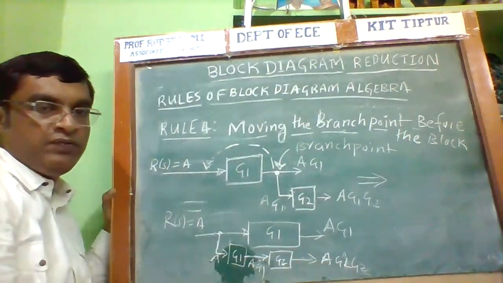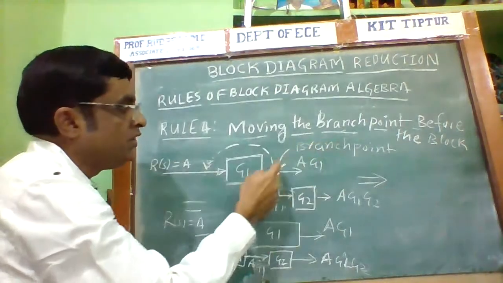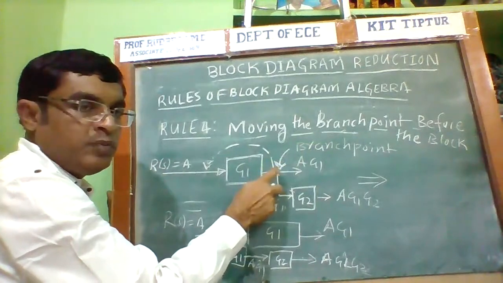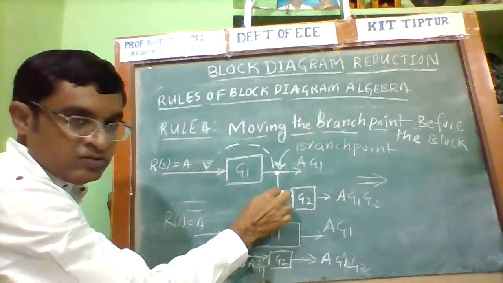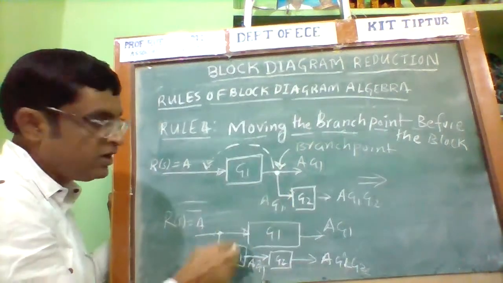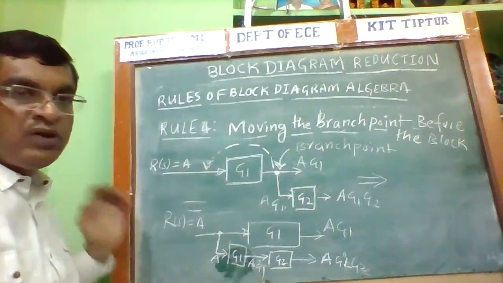You will get the similar answer C. If I move the branch point before the block, then the corresponding branch must be multiplied with this transfer function. This is also a very important rule.